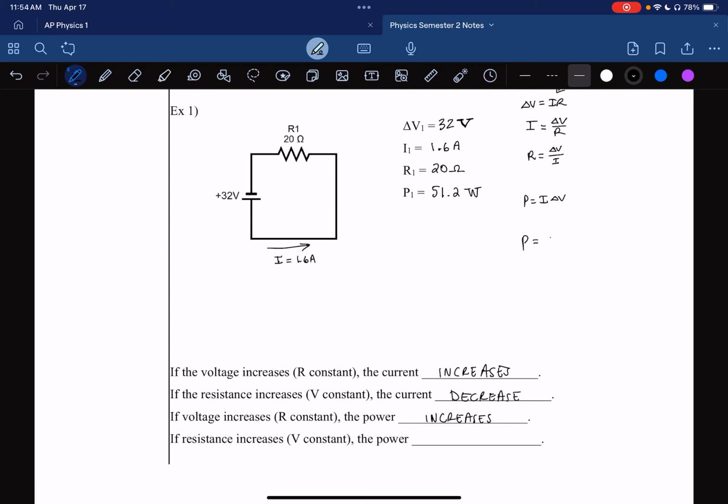We can say the resistance increases. We can say that I is equal to V over R, and delta V was here, so power is also equal to V squared over R.